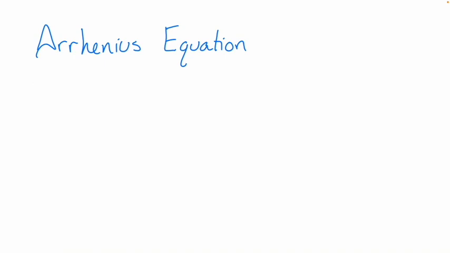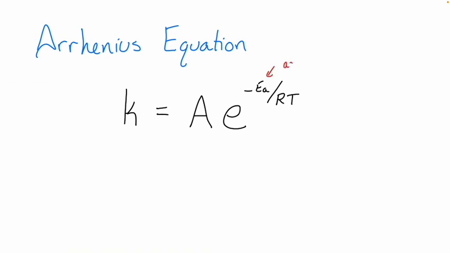The Arrhenius equation tells us that our rate constant K is equal to some constant times e to the negative Ea over RT. And that Ea is our activation energy, the height of that barrier there on our free energy diagram.